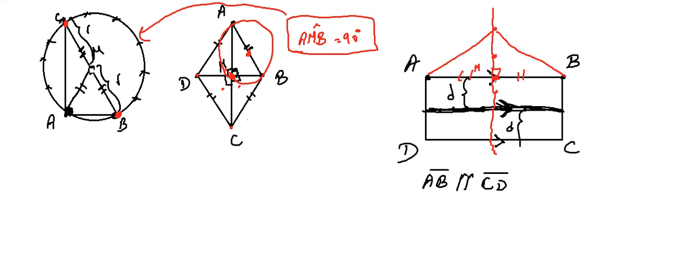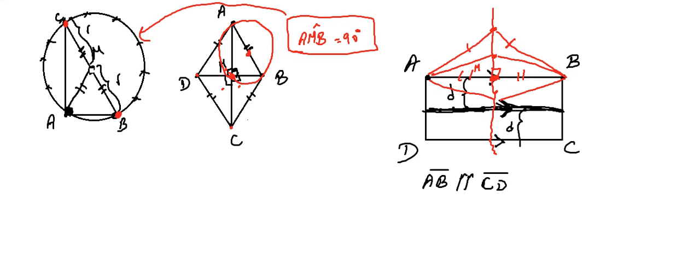Since MA equals MB wherever we put the point M, directly we can guess that the set of points M is the perpendicular bisector of segment AB.